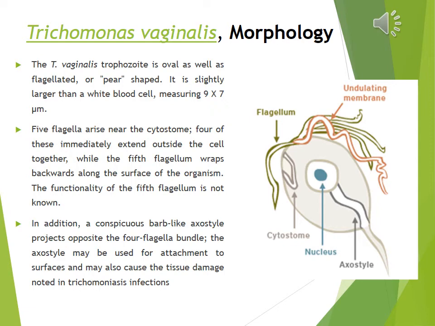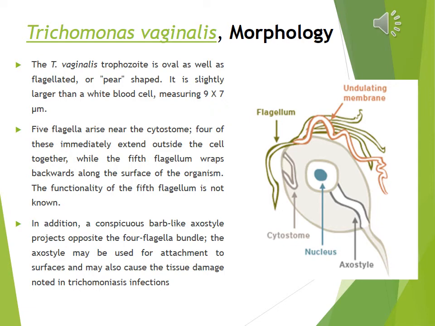The axostyle is used for attachment to surfaces. It may also cause the tissue damage that is noted in Trichomonas infection. Trichomonas vaginalis does not have a cyst form, but organisms can survive up to 24 hours in urine, semen, or even in water samples.